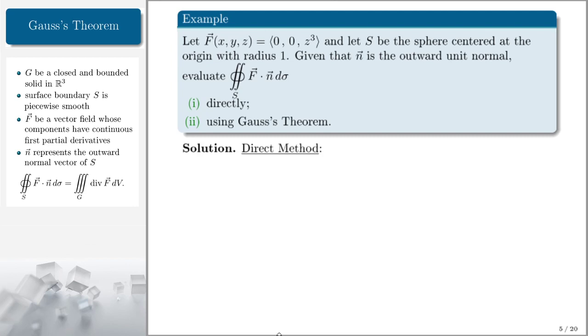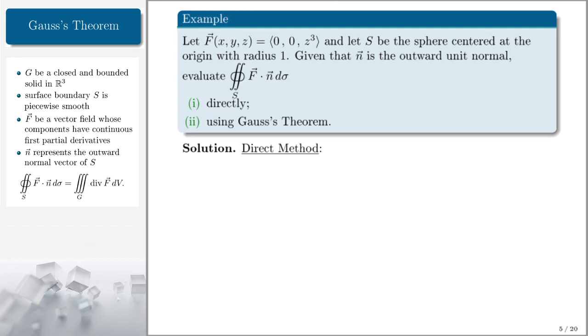Let us first use the definition. To use the definition, we will need to either parameterize my surface S, or we will need to find a Cartesian equation that describes our S. Unfortunately, we cannot find a Cartesian equation z equal to g of xy that will describe fully our sphere.